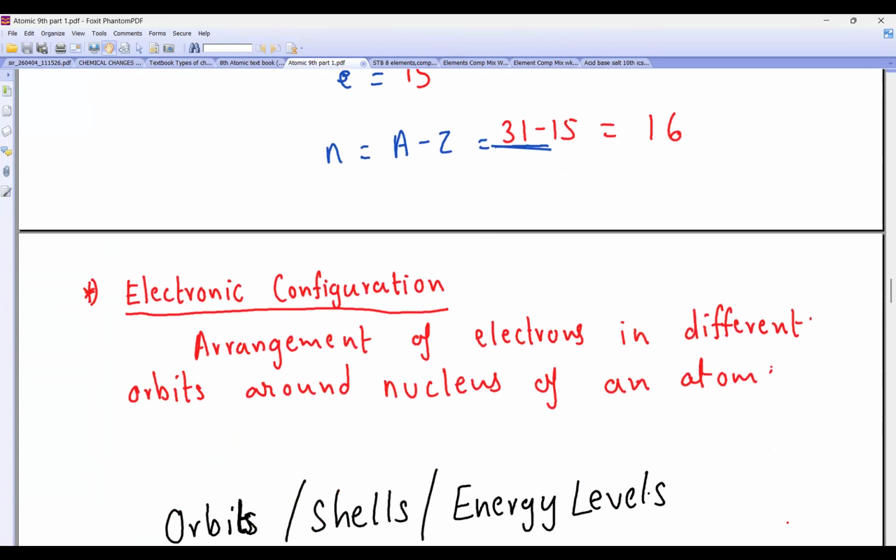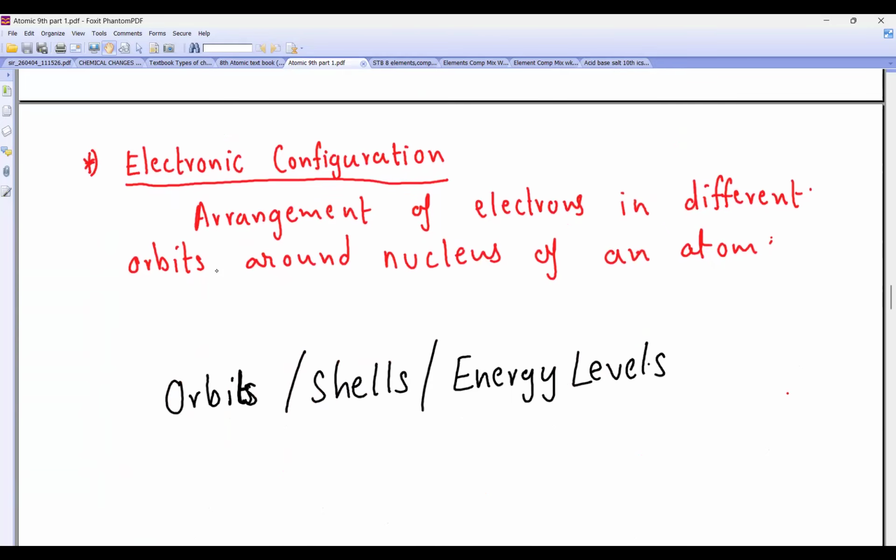Chalo beta, write here: electronic configuration is the arrangement of electrons in different orbits around the nucleus of an atom. Instead of orbit, what all words can I use? Orbit or shells or energy levels. They are also known as shells or energy levels.